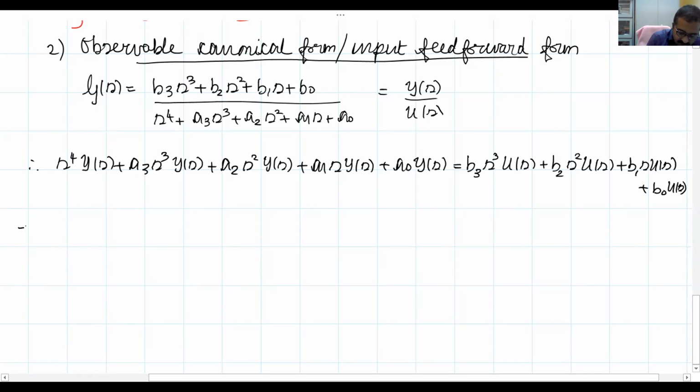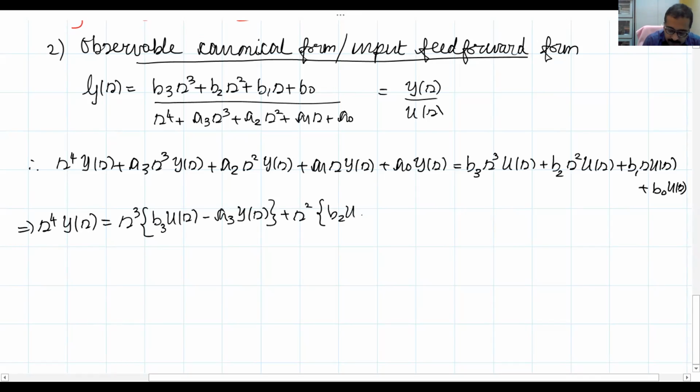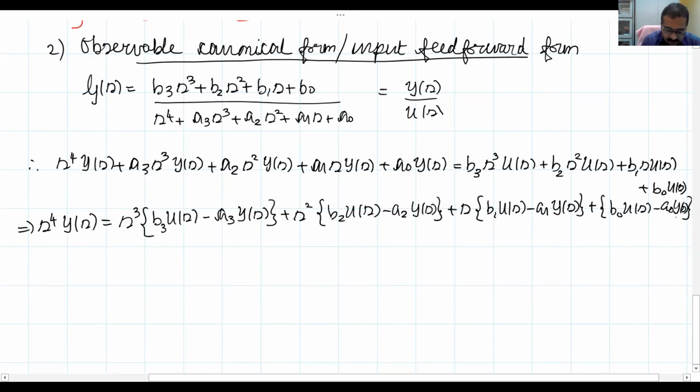I can write s raised to 4 y of s is equal to s cube into b3 u of s minus a3 y of s, plus s square into b2 u of s minus a2 y of s, plus s into b1 u of s minus a1 y of s, plus b0 u of s minus a0 y of s.